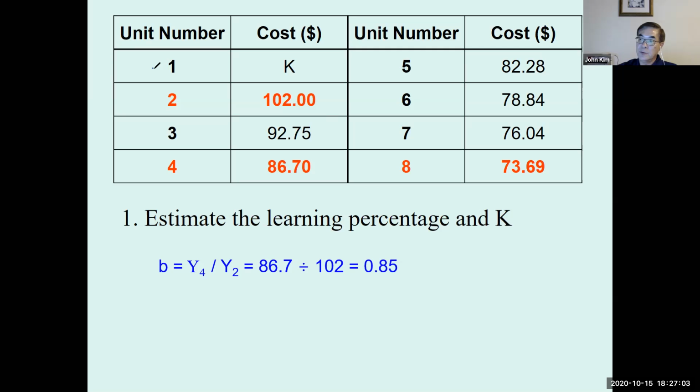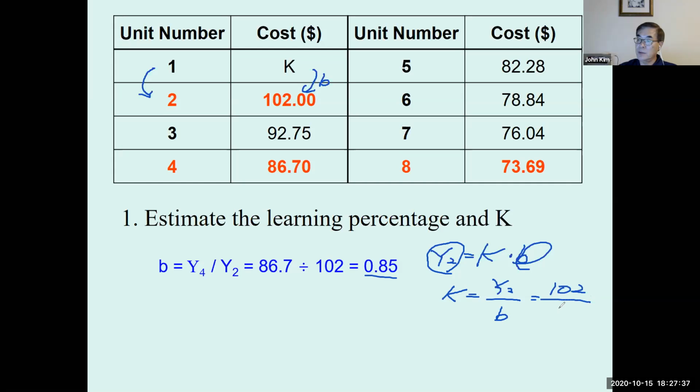And then again, from 1 to 2, times B. So Y second equals K times B. We know B and we know Y second. So K equals Y second divided by B. Y second is 102 divided by 0.85.